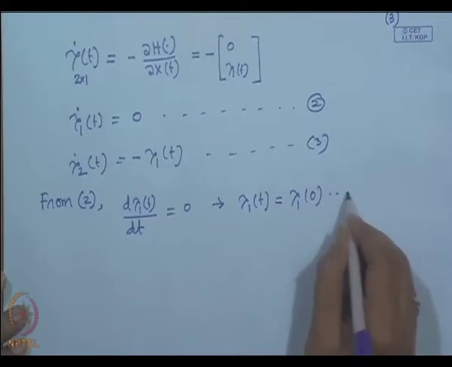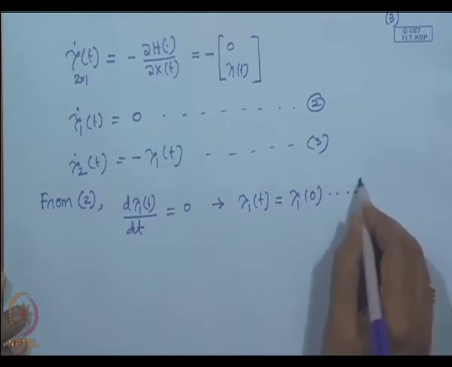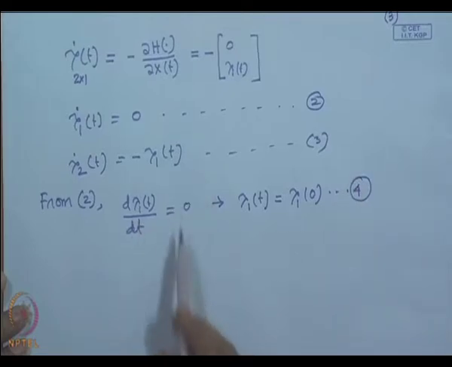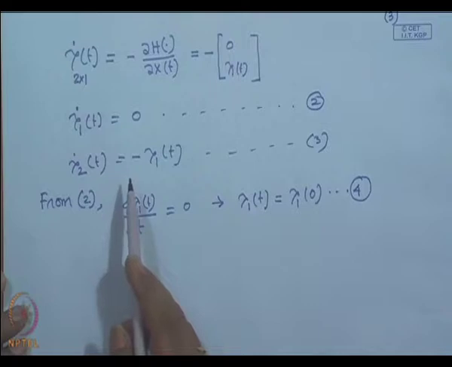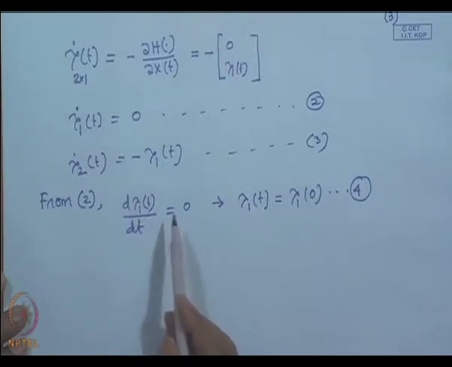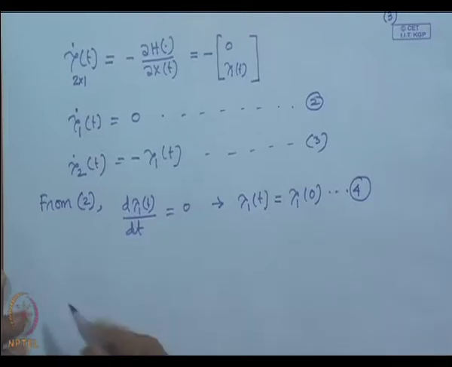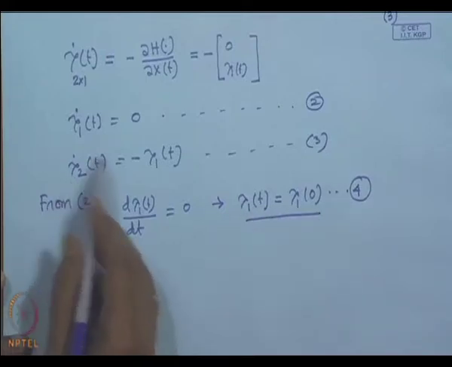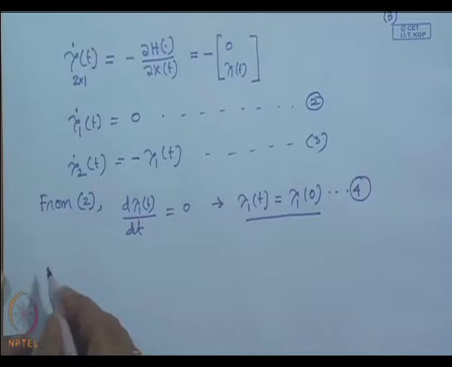Let us call this equation number 4. Take that to the other side and integrate from 0 to t: lambda 1 of t minus lambda 1 of 0, and the right hand side is 0. So, this is the expression, and we use it in equation 3.